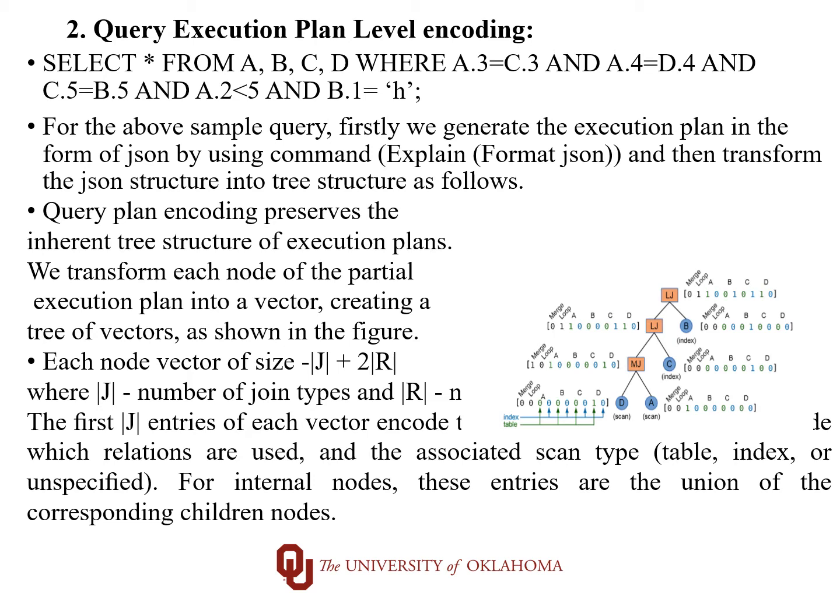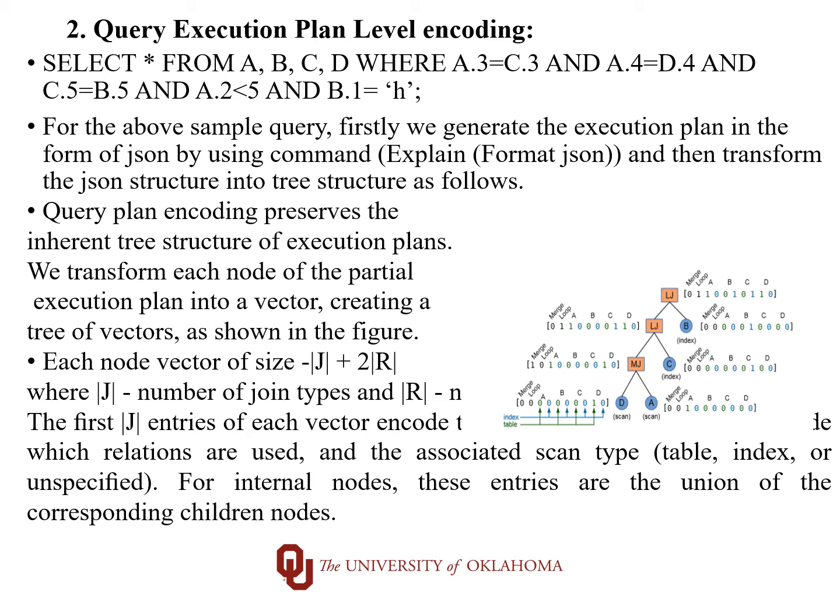For internal nodes, these entries are the union of the corresponding children nodes. Suppose, for example, if you observe this figure, here we have two leaf nodes A and D, for which the vectors are as follows. Table A is involved, so we'll place 1 under this.